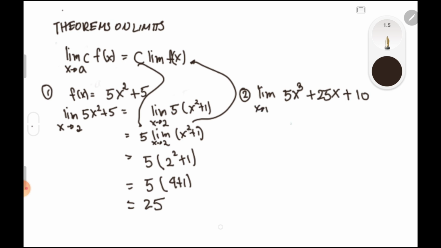Okay, so we can rewrite it into 5 multiplied by x cubed plus 5x plus 2. So this will be our f of x and this will be our c.